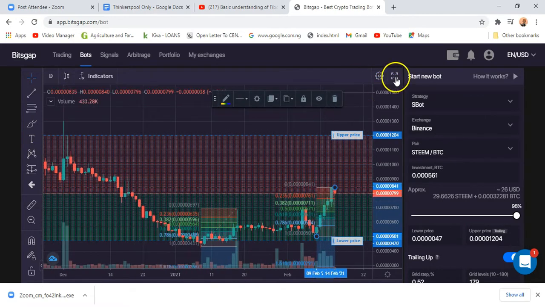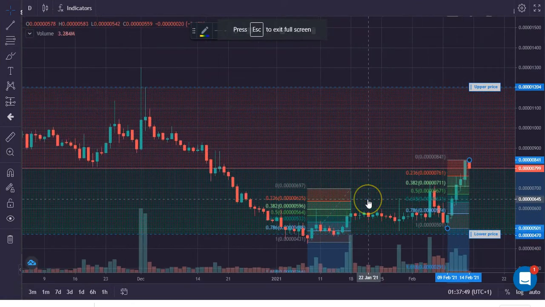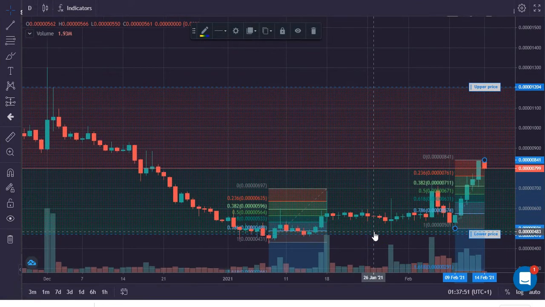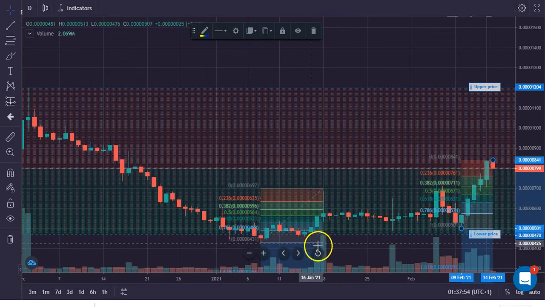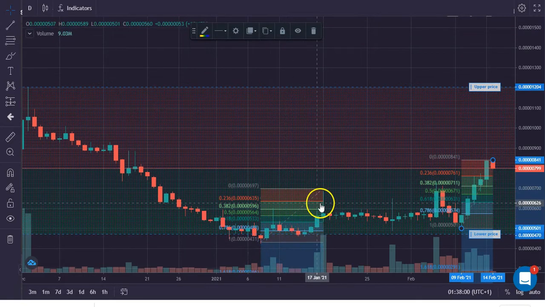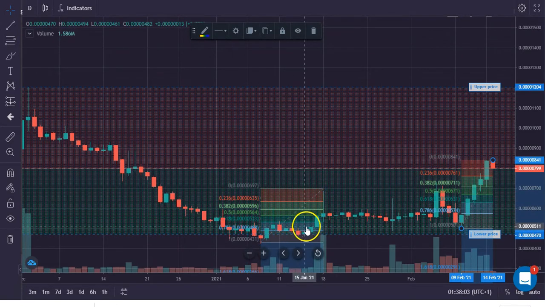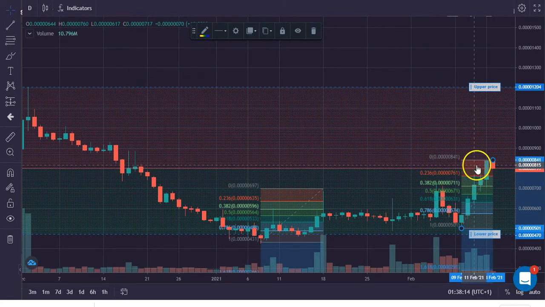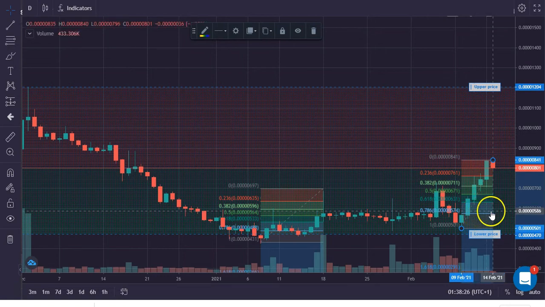Okay, so I want to have a larger view. So now let's try and expand this. If you look at this, it found a retracement at 0.78 Fibonacci retracement, and it is likely that another bottom will be at 0.786.